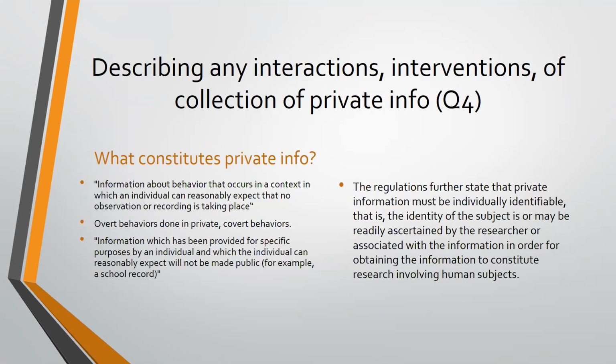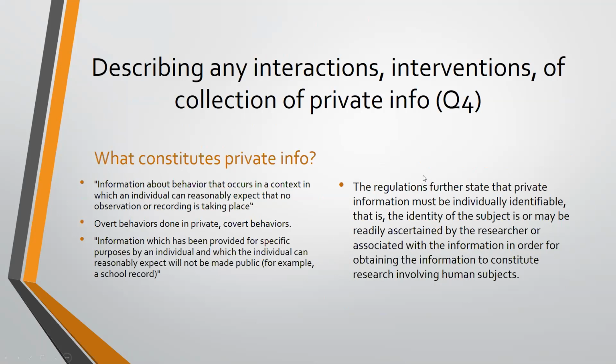That's essentially saying that the private information that you're collecting on them is associated with their person in some way. Usually we have to do that when we're conducting research, mostly so that we can run statistical analyses.